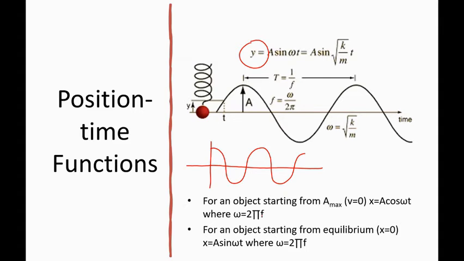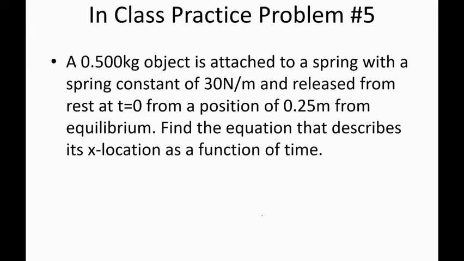Okay, so we're going to go ahead and take a look at a sample problem, because this is something that I really feel like we can't do without looking at a problem. We have a 0.5 kilogram object attached to a spring with a spring constant of 30 newtons per meter, and released from rest at t equals 0 from a position of 0.25 m.